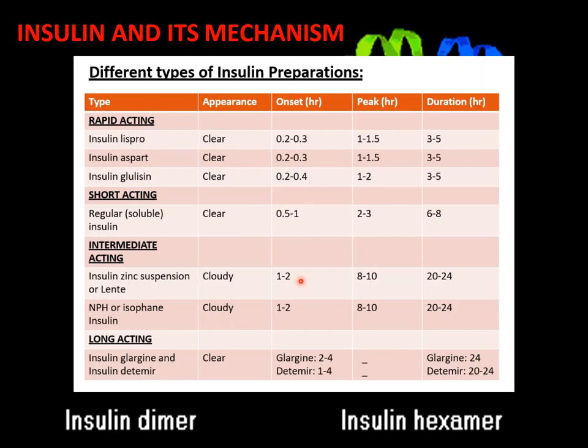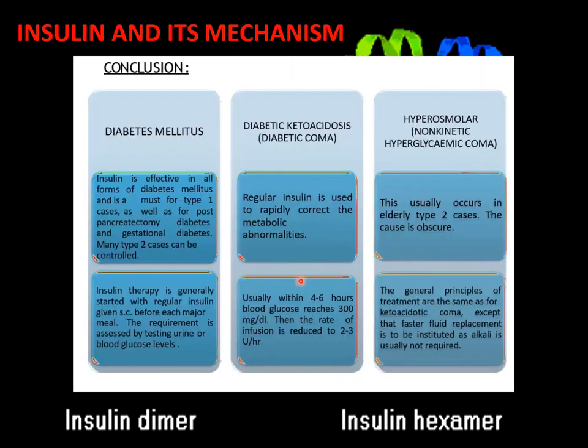There is another type, a mix of rapid-acting and long-acting to form an intermediate action, suitable for a large number of patients.